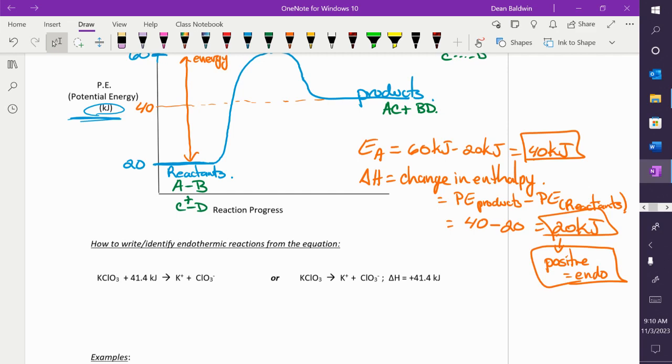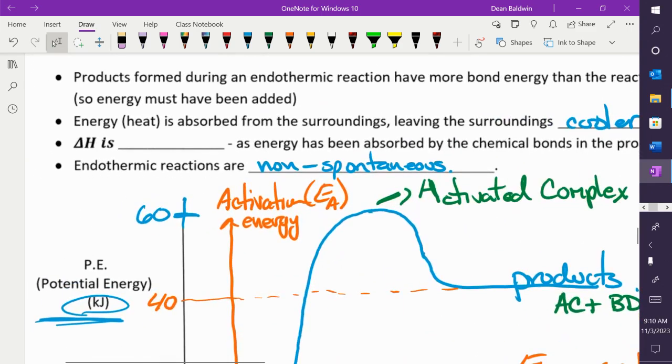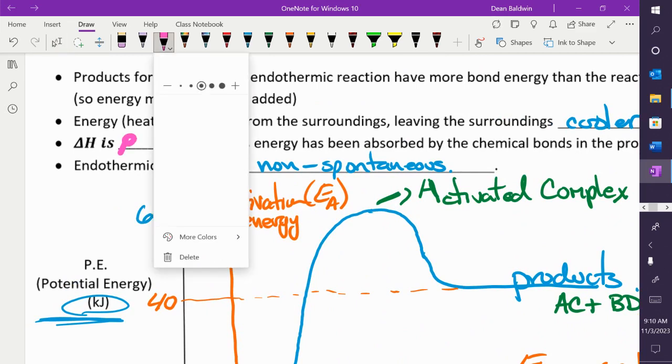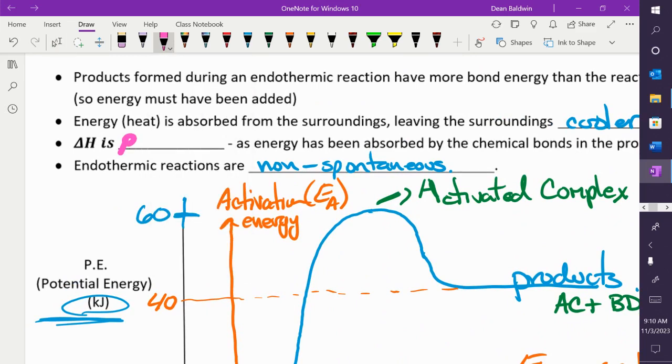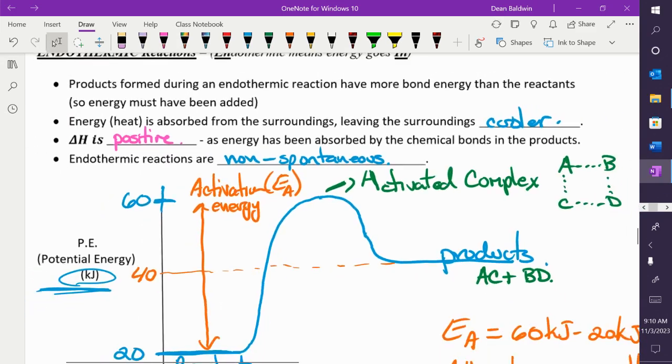If your delta H is positive, it is an endothermic reaction. So right here, delta H is positive. Energy's been absorbed and it's an endothermic reaction.